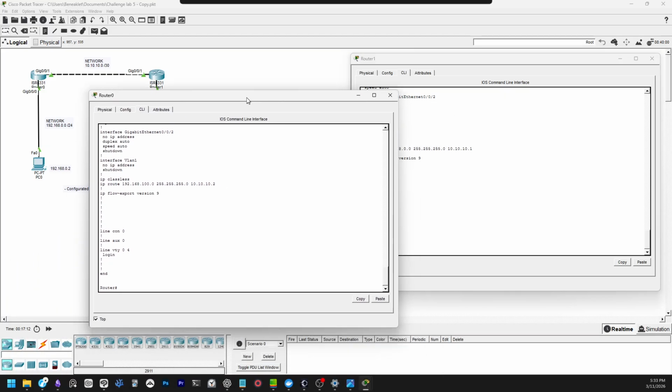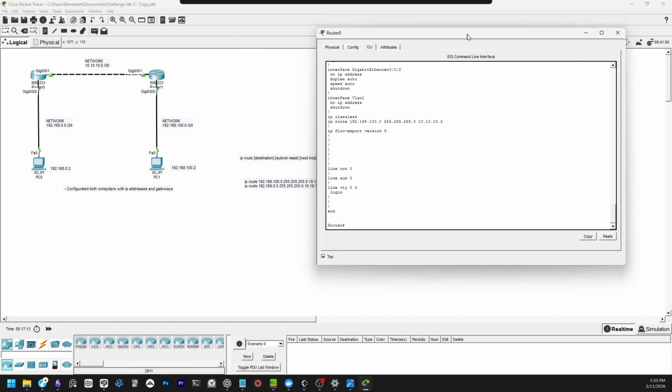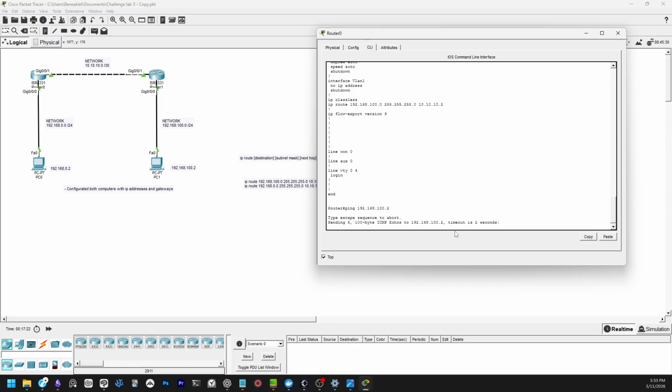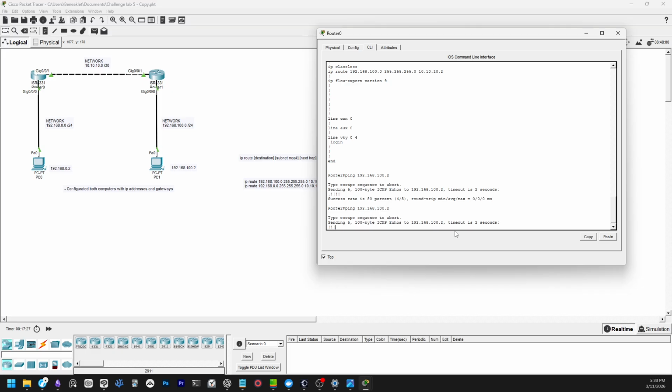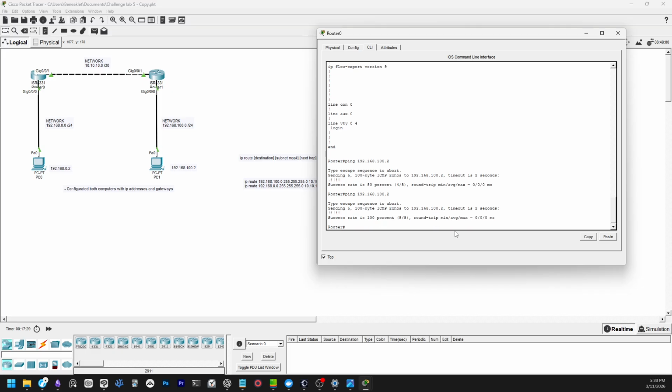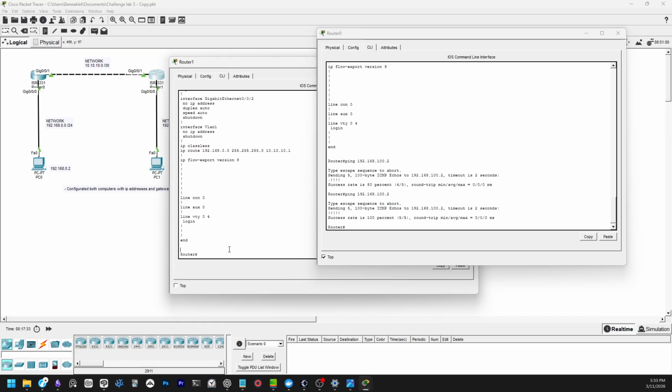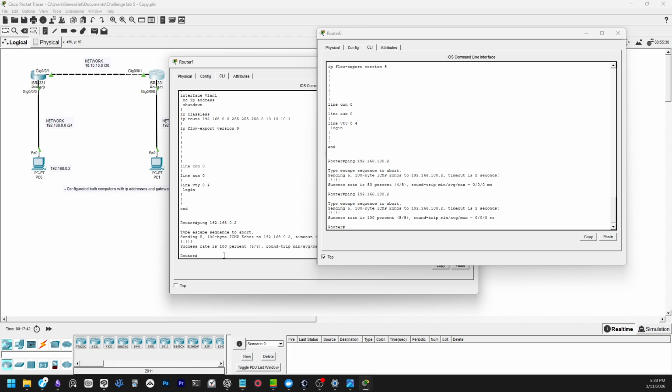Now, in theory, I can go and ping PC1 from here. It should work. The first one fails, the rest are successful. There we go. And same thing on the other side, go ahead and ping the other PC, 192.168.0.2, successful.